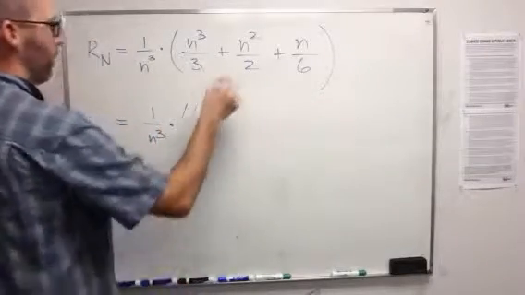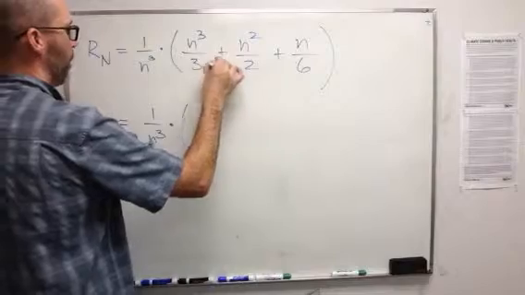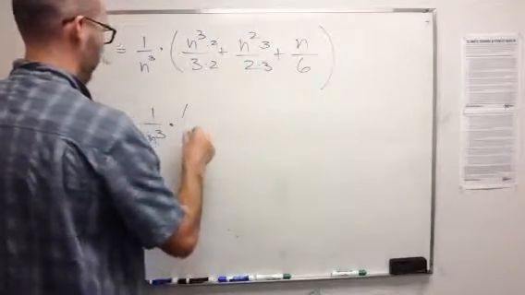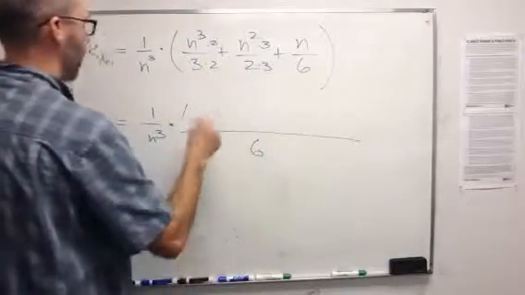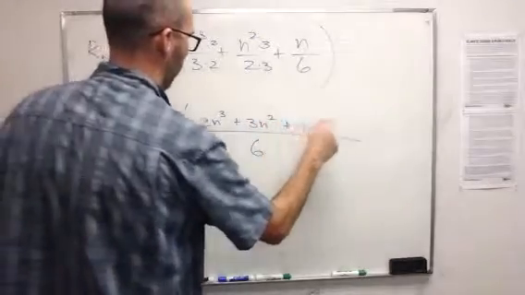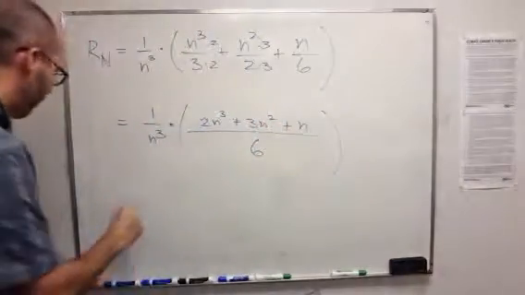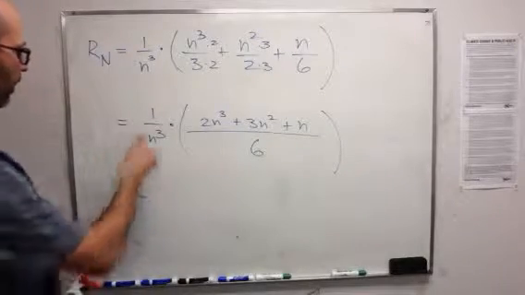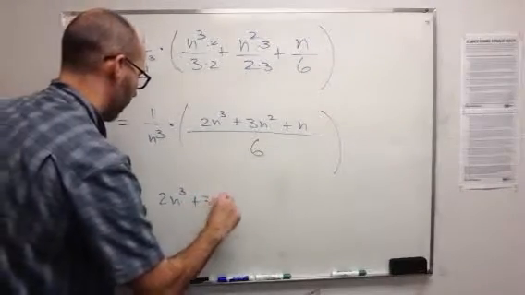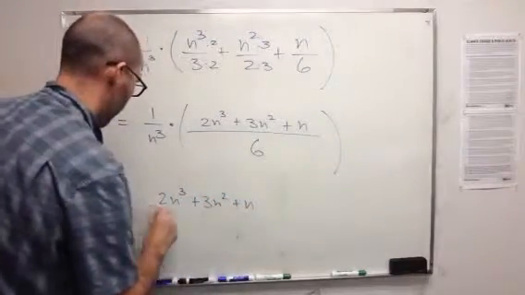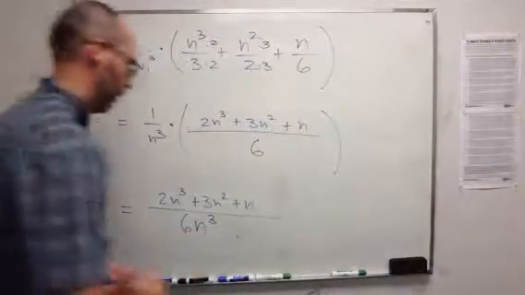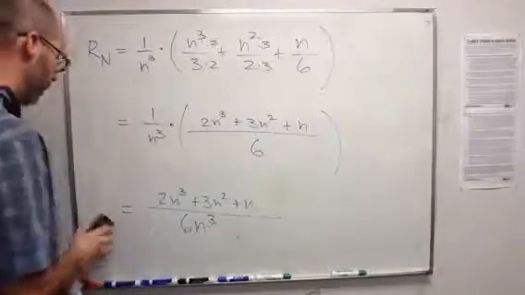The common denominator we can see is 6, so we multiply by 2 there, and 2 there, 3 there, and 3 there. Okay, so we have 6 on the bottom, and 2n cubed plus 3n squared plus n. So now multiplying these, we have 2n cubed plus 3n squared plus n over 6n cubed. So that's our Rn.